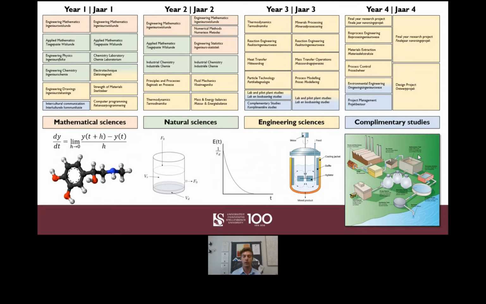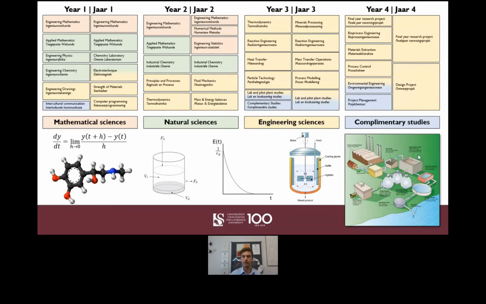In years 3 and 4, we move more into engineering sciences and applied sciences, taking those understandings and skills that you learned in the first years and applying them to real-world problems that you can design actual solutions to. You'll also see that there are some complementary studies, things like communication and ethics, so that you can work as an ethical and a proper engineer in the world. And combining those skills will then allow you to develop, at the bottom right-hand corner, you'll see there's an example, for instance, a wastewater treatment facility that takes in waste and converts it to produce pure water and valuable bioenergy.